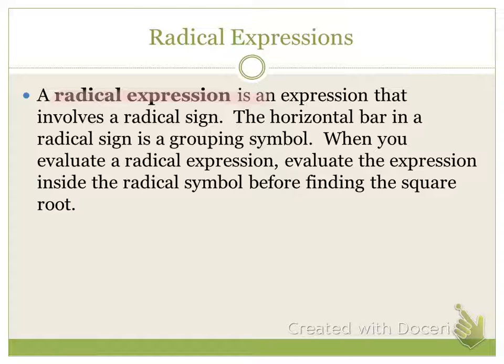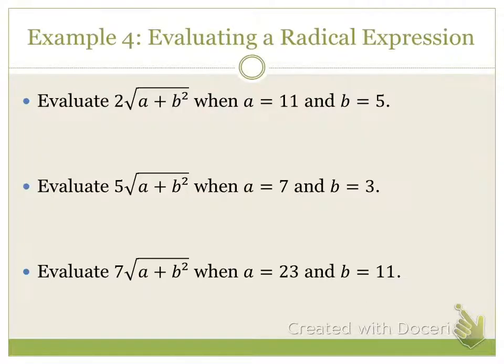So radical expressions are going to be an expression underneath a radical sign. It's going to look like this. So now it says evaluate 2 times the square root of a plus b squared when a is 11 and b is 5. So the first thing we're going to do is substitute our value for our variable. 2 times the square root of 11 plus 5 squared.